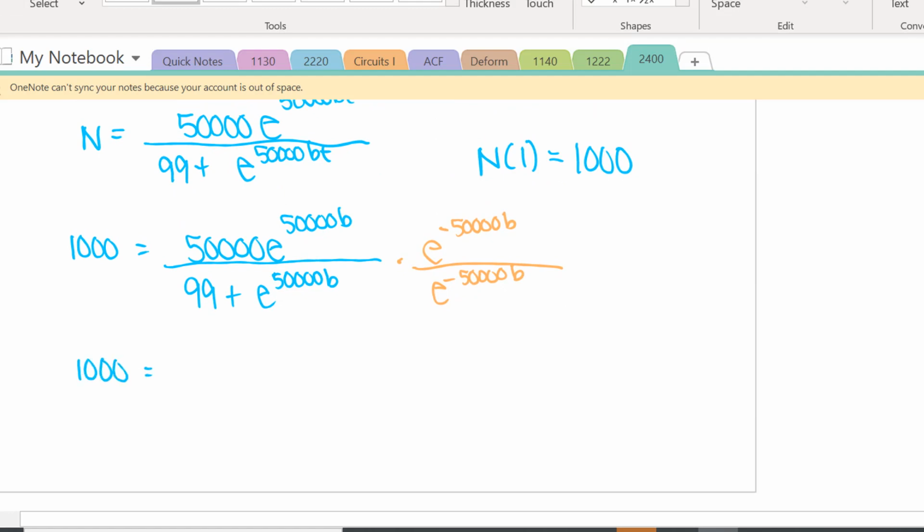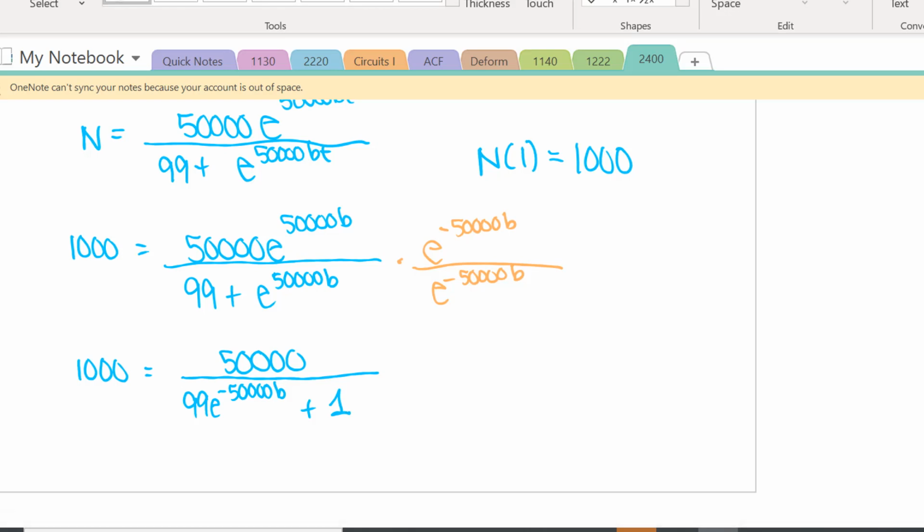So in the numerator, then I just have 50,000. And then I'd have 99e to the negative 50,000 b plus 1. I would probably multiply both sides by 1 over 1,000.